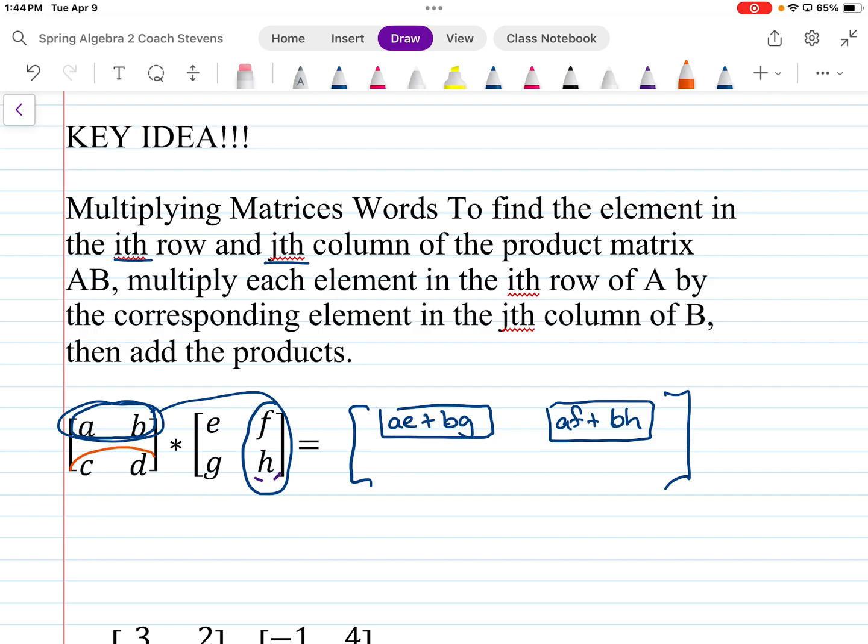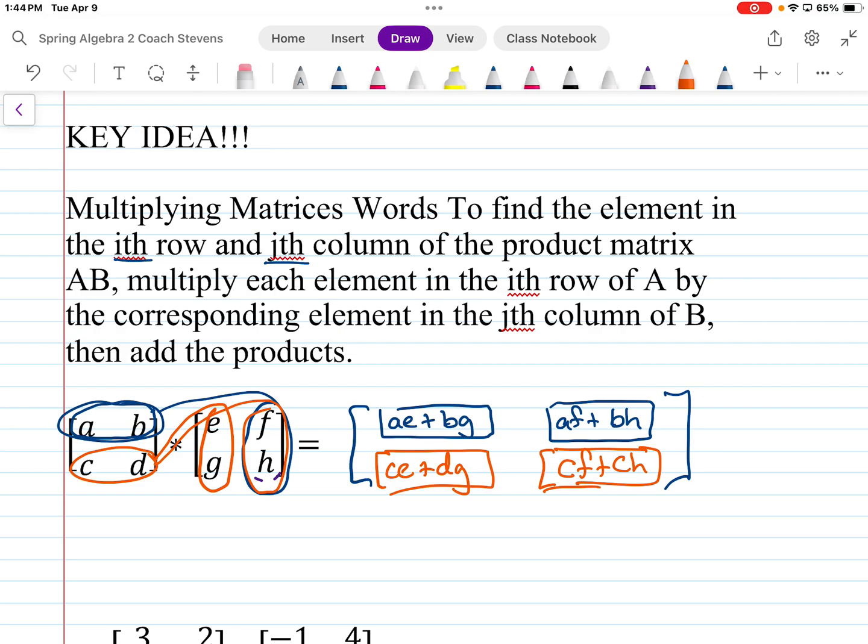We take the bottom row C and D, multiply by E and G: C times E, add to it D times G. That's the answer for the bottom left. Then for the final part, we take the bottom row times the far column, that's going to be C times F plus C times H, and that gives me the answer in that cell.